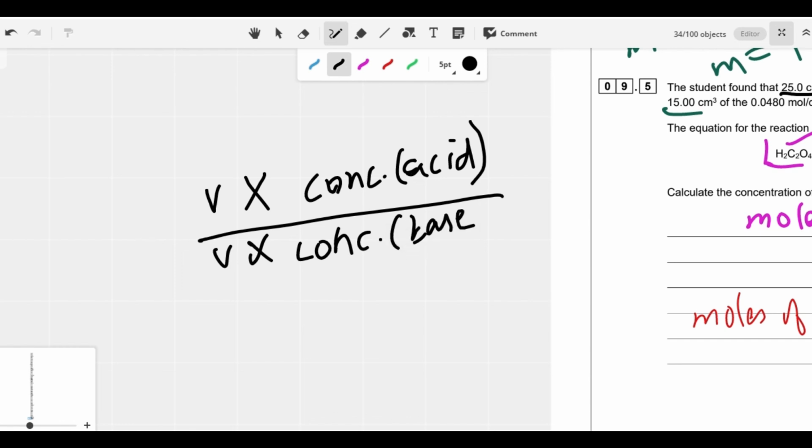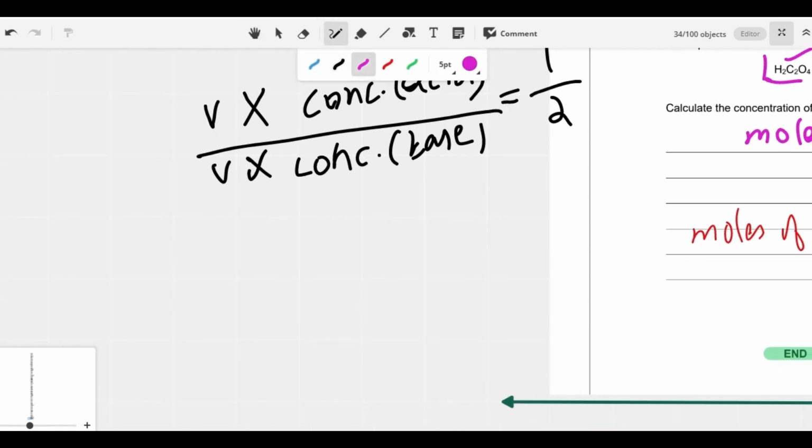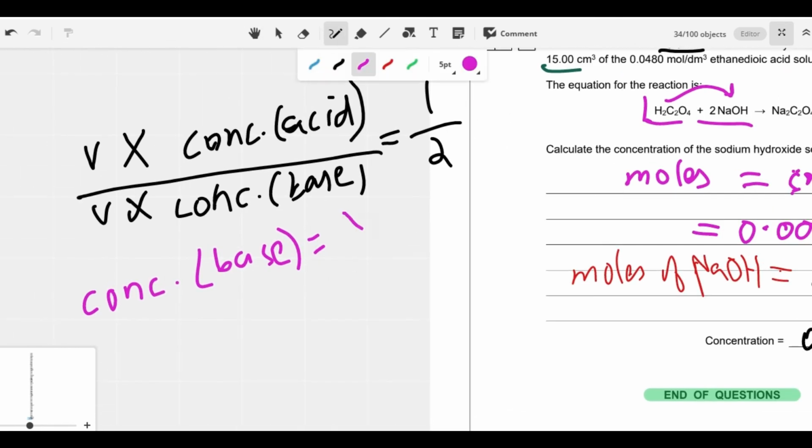Here the molar ratio is 1:2, the acid is 1 and the base is 2. So for the concentration of base, that is NaOH, the concentration of base is equal to the volume over the volume times the concentration of acid.